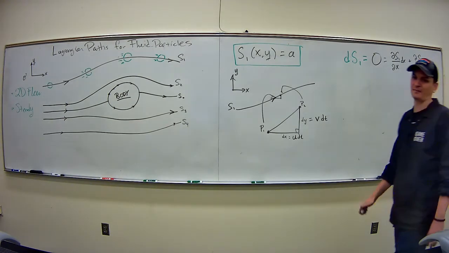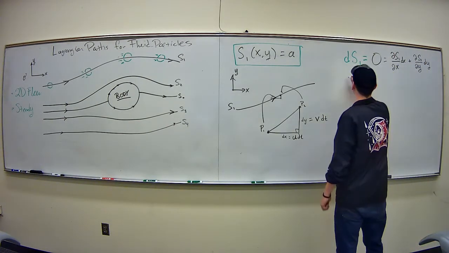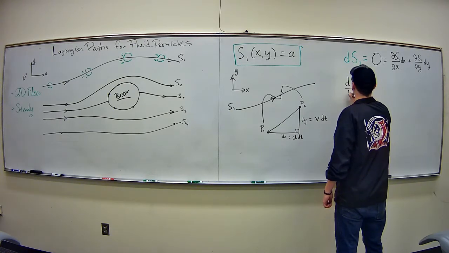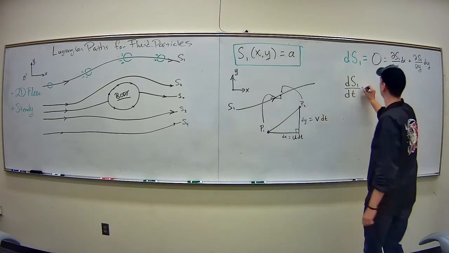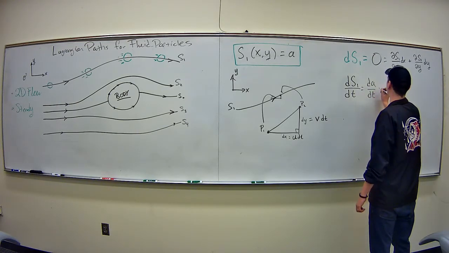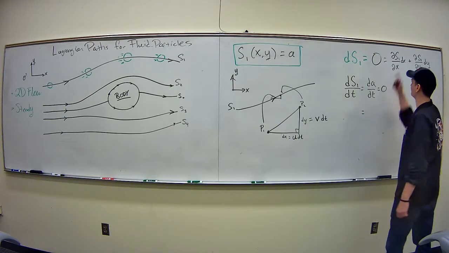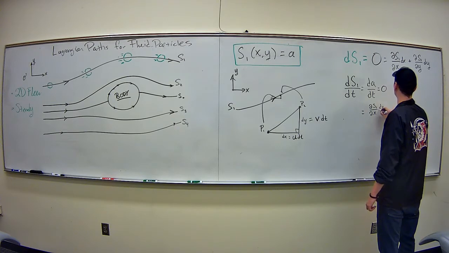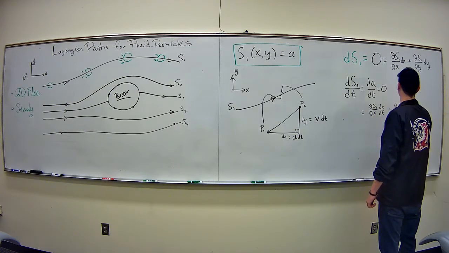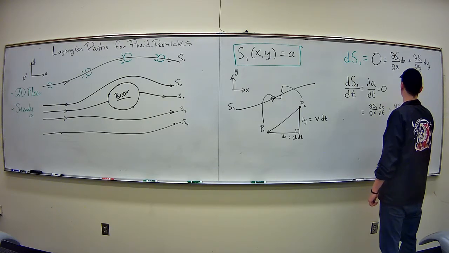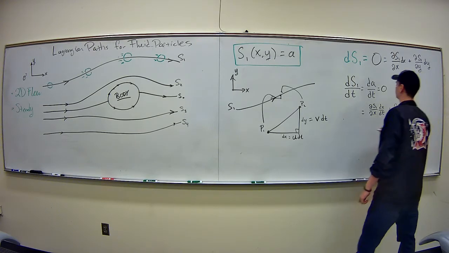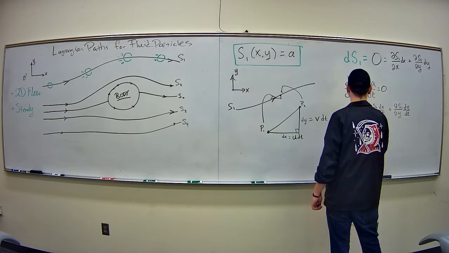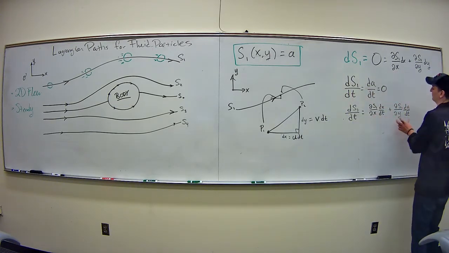One other way you could think about doing this is to say, what is ds dt? ds dt is a dA dt, which is equal to 0. But it's also equal to, and this is applying the chain rule to a multivariable function.